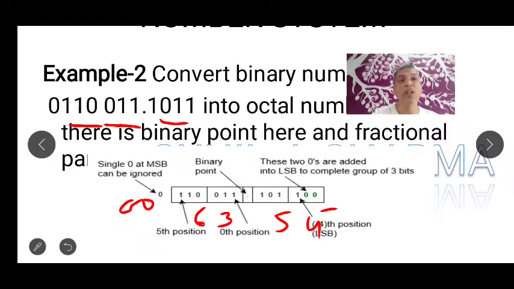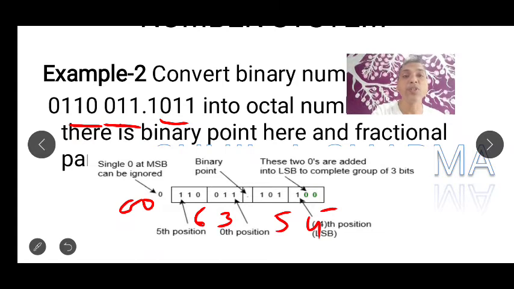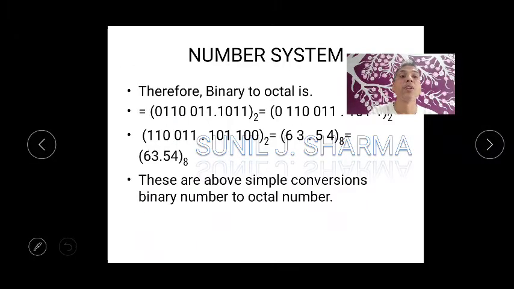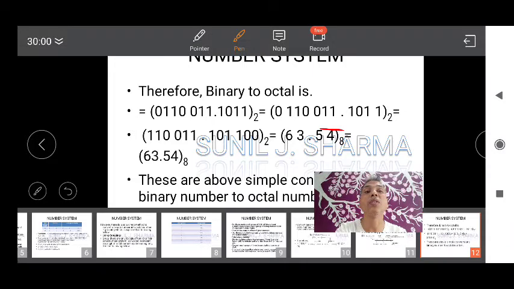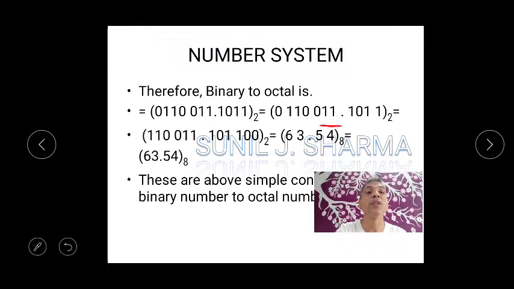In order to understand this, first of all your binary to octal and octal to binary should be perfect, then only you will be able to do it. Let's see the answer. Can you see the answer here? They did the same thing I was showing: a group of 3, here a group of 3, here a group of 3, but that has to be padded up.